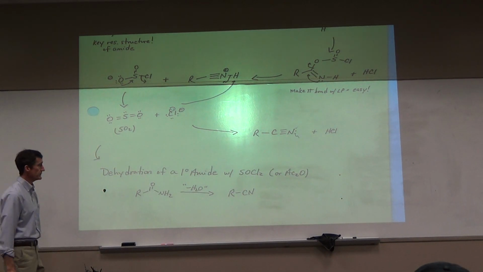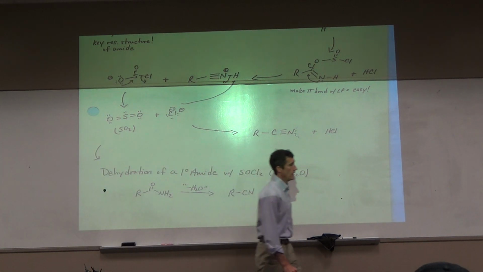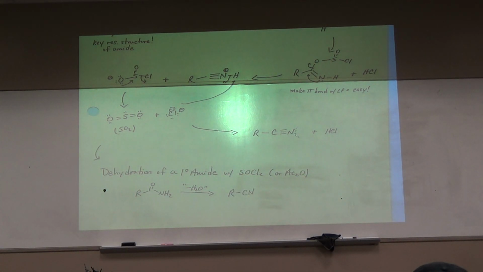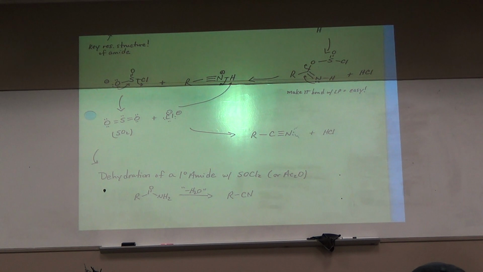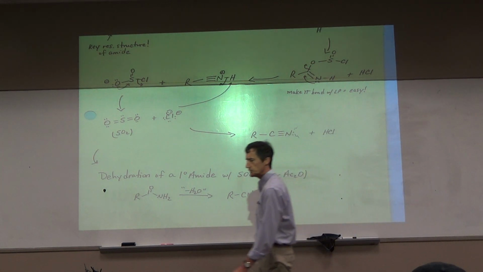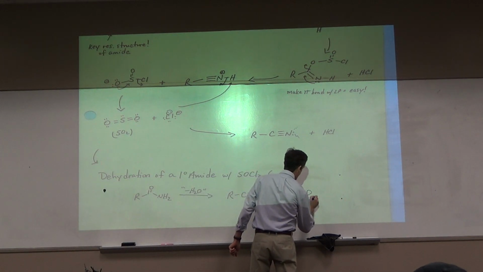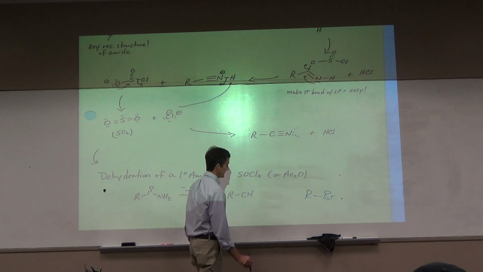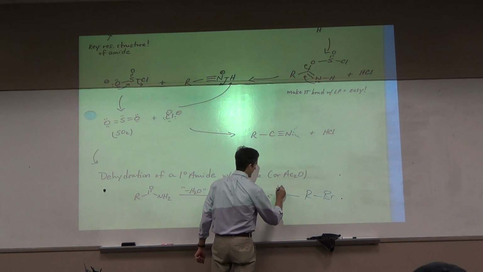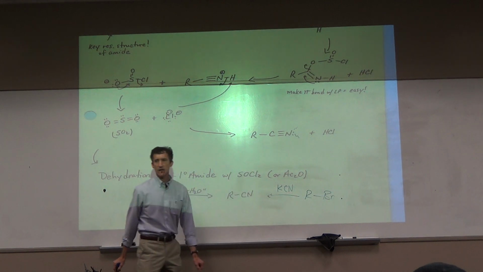Basically, we're removing water. But we don't form water. That's just sort of formally, we're dehydrating, removing water to make the nitrile. It is a common way to make nitriles, although not as common as the more straightforward way of maybe having something like this and treating it with some type of cyanide source.